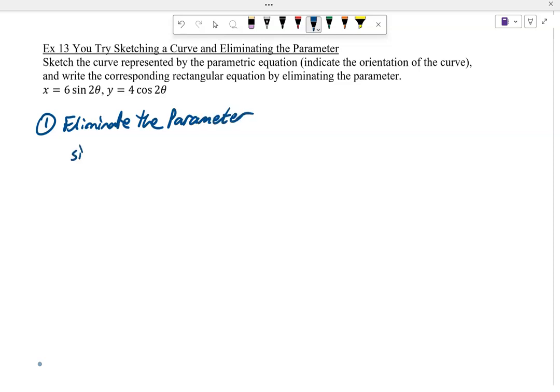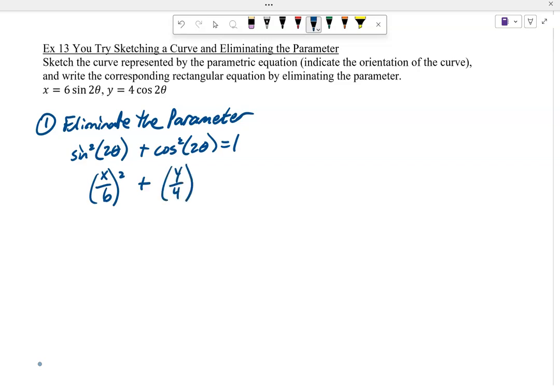I know sine squared of 2 theta plus cosine squared 2 theta is 1. And the sine of theta is x over 6, so that would be x over 6 squared. The cosine of 2 theta is y over 4. That's also being squared. So I get x squared over 36 plus y squared over 16 equals 1. So I've got an ellipse.